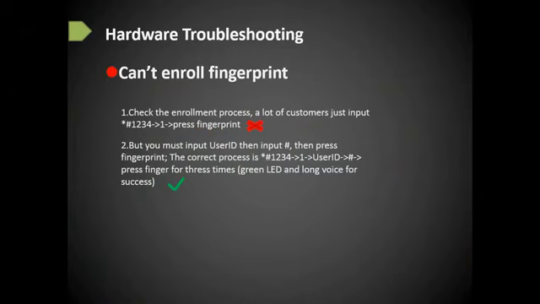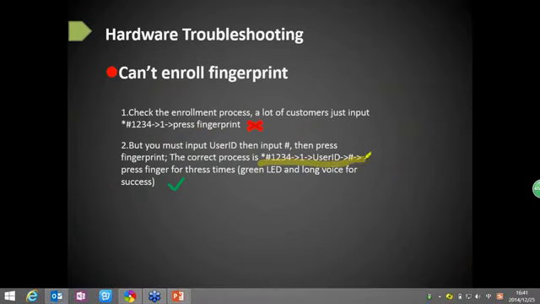ask your customers to do this operation step. The correct process is like this. The first step is to enter the administrator mode by inputting the star key, pound key, 1, 2, 3, 4, and enter the enrollment, the registration mode of the fingerprint, by inputting the number 1.